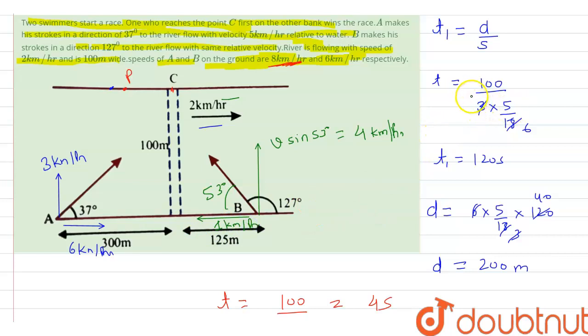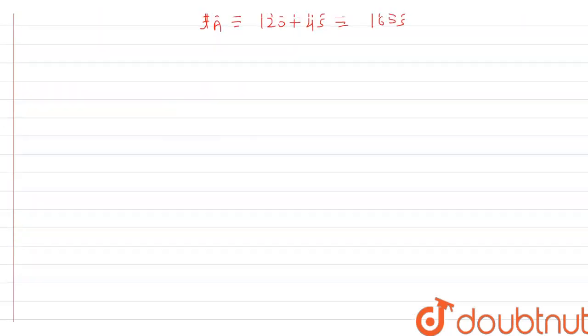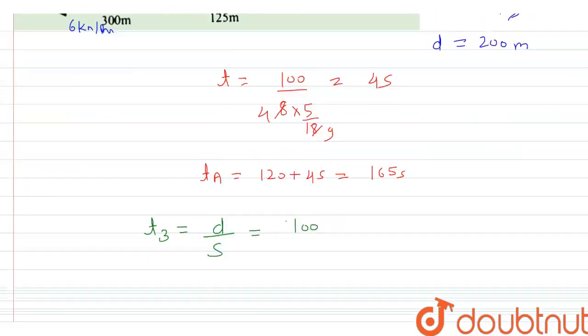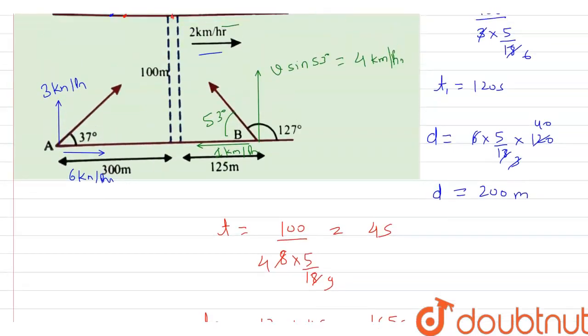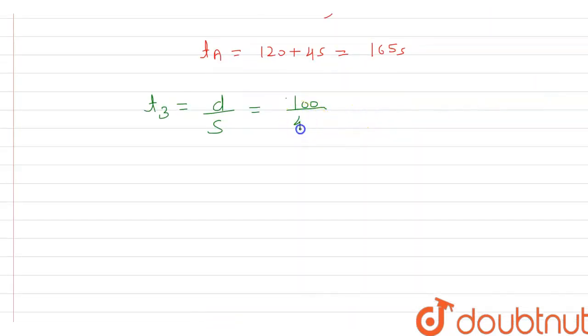Now let's calculate in what time B reaches the other side of the bank. So let's say this is t3, and time is equal to distance upon speed, and distance here again is 100 meter, and speed this time is 4 kilometer per hour, that is 4 into 5 by 18, and this will be 18 into 100 by 20.